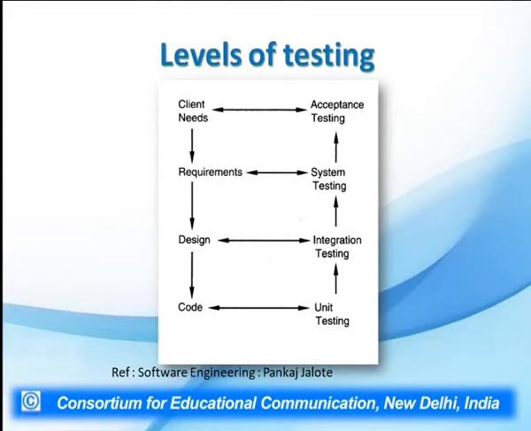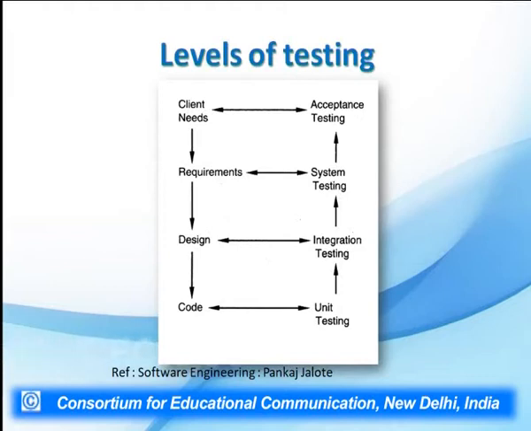First, initially are the client needs. Whether client needs are met or not is tested at the acceptance level testing. Whether the system maintains the requirements of the client is tested as a part of the system testing phase. Whether the design of the system is according to the functioning or the operational environment of the system is tested using integration testing.